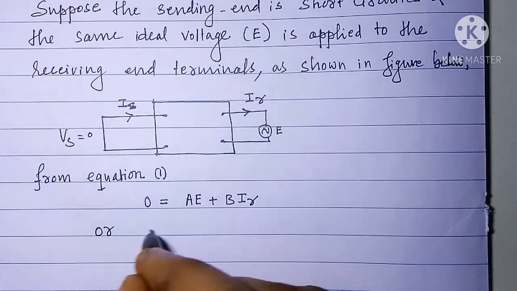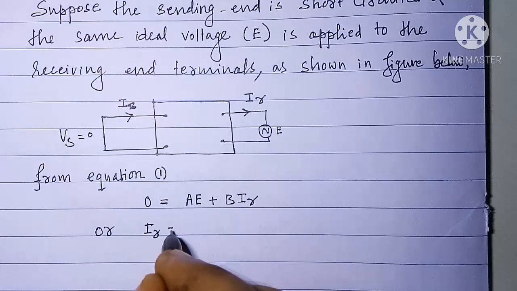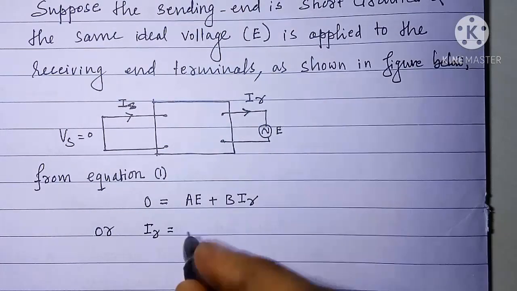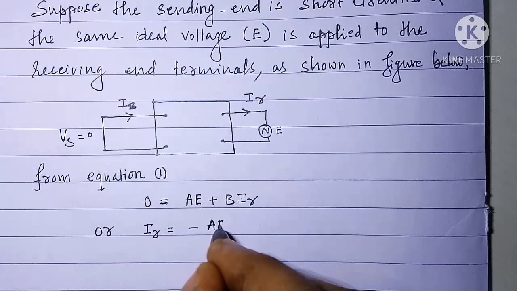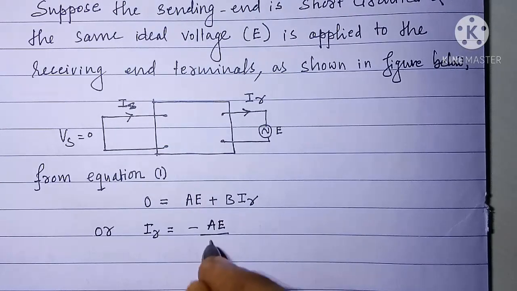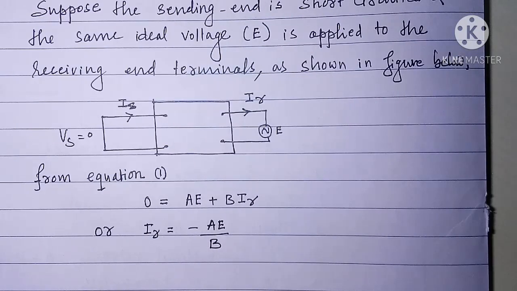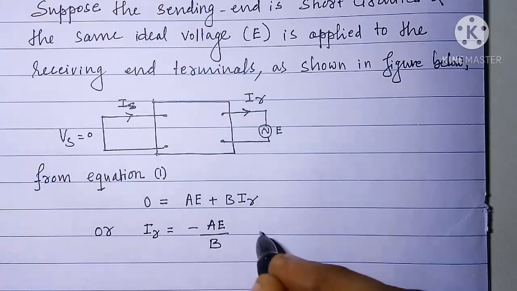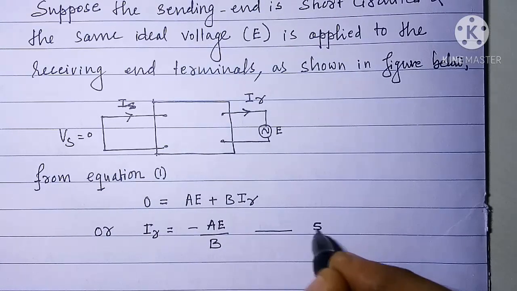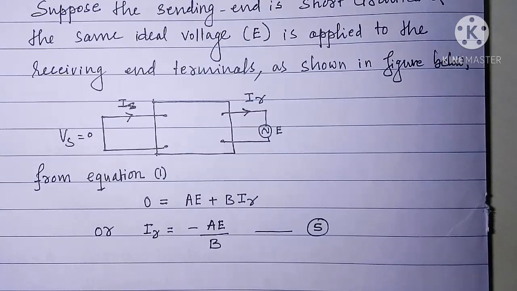Or IR equal to minus AE by B. Let us call this as equation 5 now.